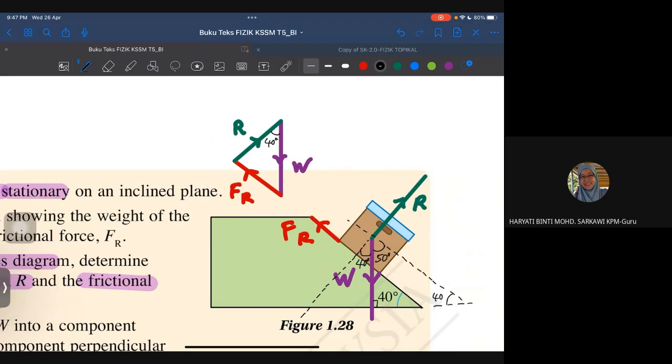Okay, now what is the magnitude of this angle? What is that angle? Here is 90. So here is 50.